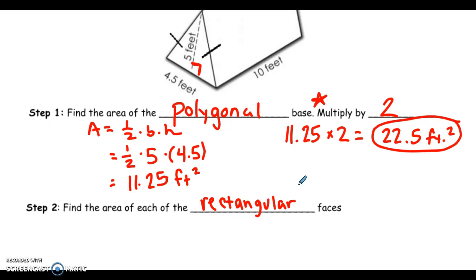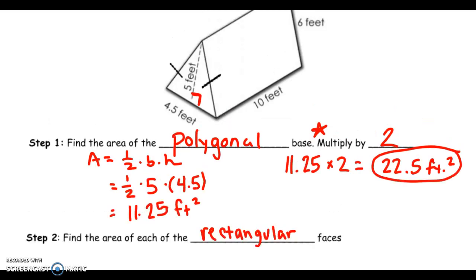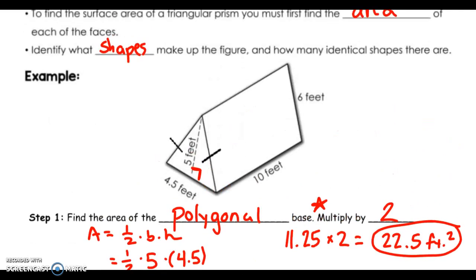Feel free to use it as well. If we can pause and look up at the shape for a second and make a couple observations, we see that all of the rectangular faces are connecting my two triangular bases.